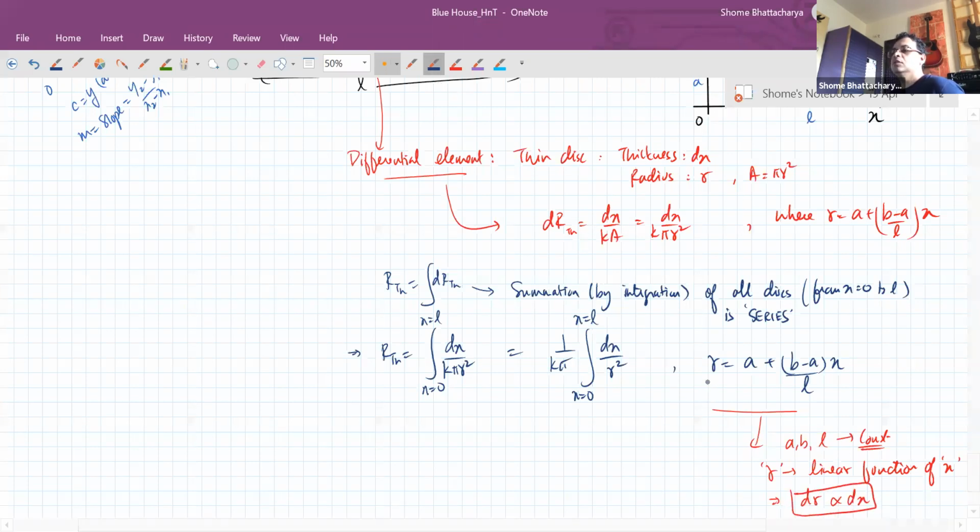So from this equation, we'll differentiate on both sides with respect to x. So dr will become, now differentiation of a is 0, so b minus a by l.